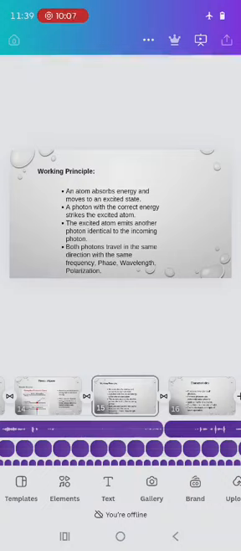A photon with the correct energy strikes the excited atom. The excited atom emits another photon identical to the incoming photon. Both photons travel in the same direction with the same frequency, same phase, same wavelength and polarization.